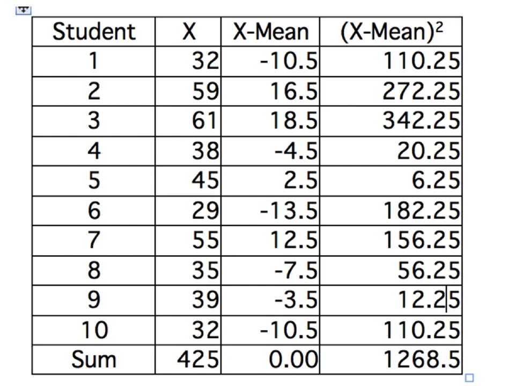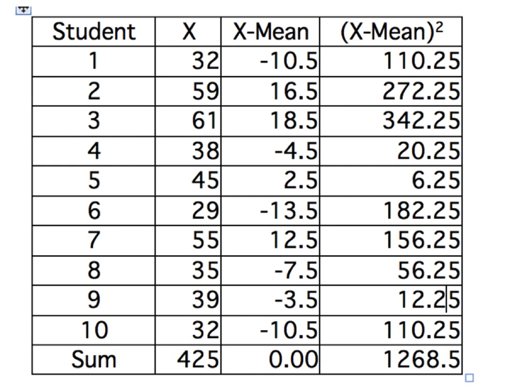So now I have squared deviations in the final column, 110.25, 272.25, and so on. And if I sum all of those, I'll have the sum of the squared deviations. Then what I need to do, of course, is divide that by n minus 1, and I'll have the sample variance, and if I take the square root, I'll have the sample standard deviation. Okay, we'll come back to these numbers in a moment.